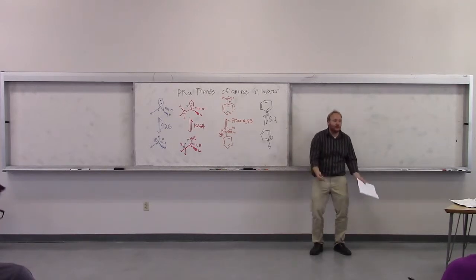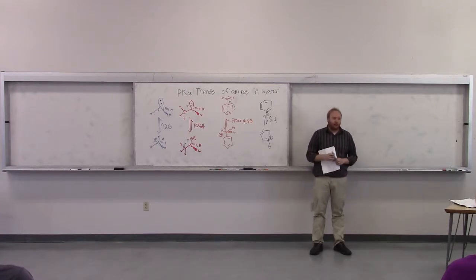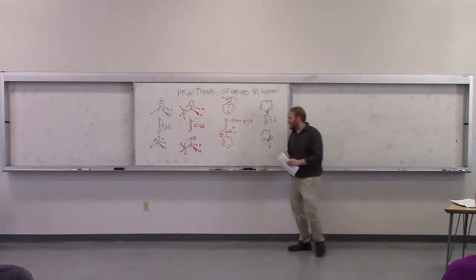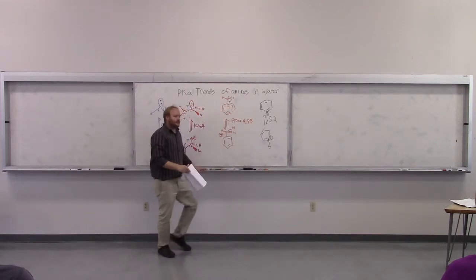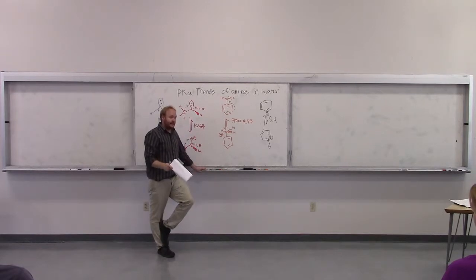Since it's sp2, it's closer to the positively charged nucleus, and thus it's a less stabilized positive charge, meaning the pyridinium is going to be more acidic, because a less stable acid is a more acidic acid. So since these two sp2 ammonium salts are less stable, they're more acidic.